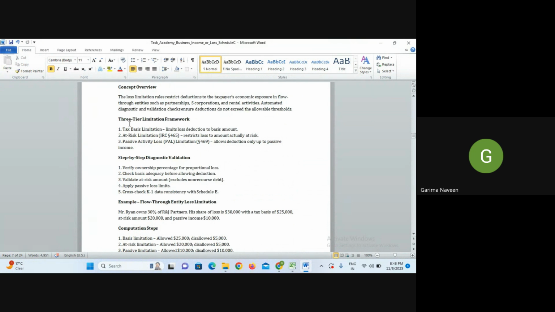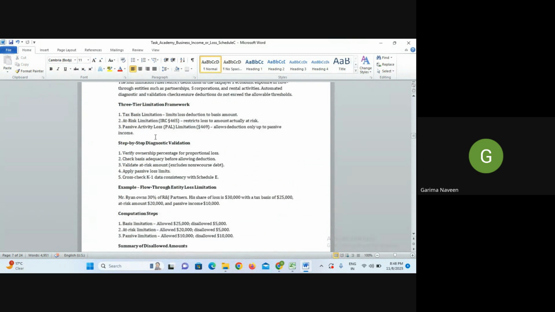This stock basis is subject to certain changes, like adding the liabilities or debt related to a shareholder. Then we get the tax basis and at risk basis for a partner or shareholder. These calculations will come in your S corporation taxation and partnership taxation.